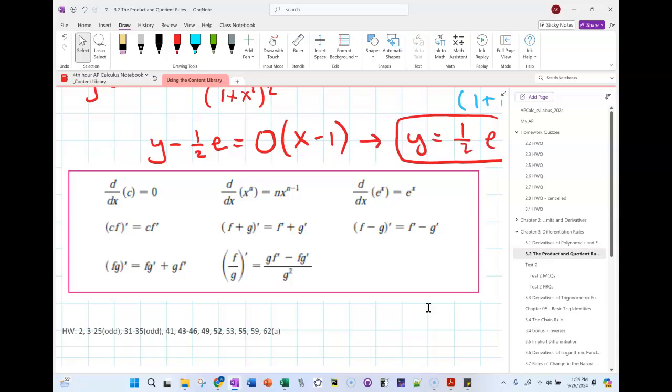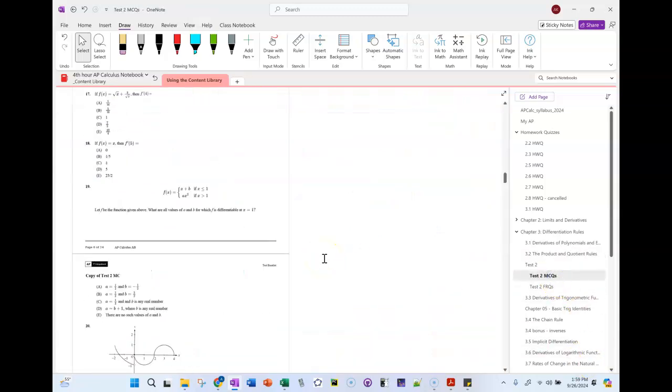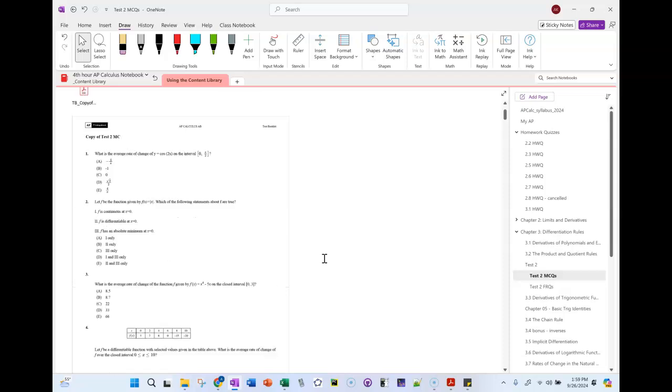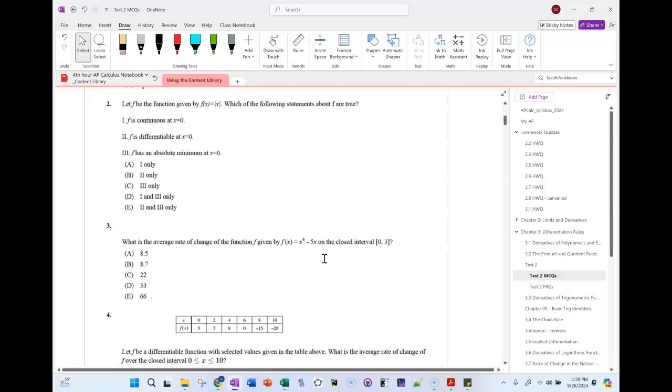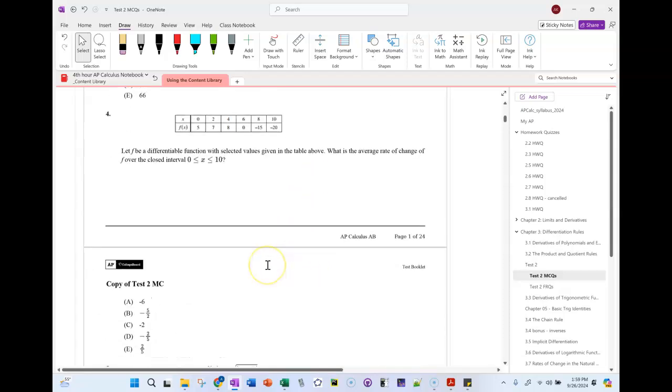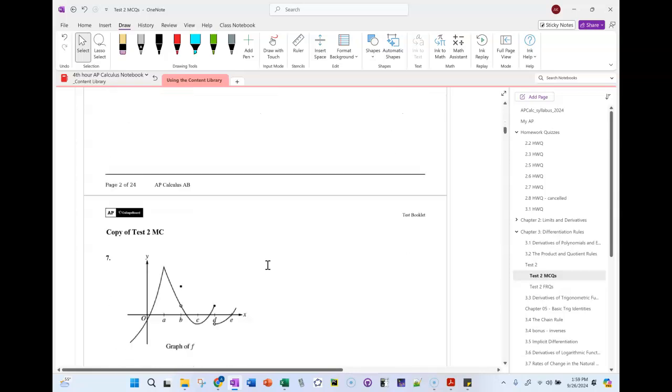Finn? You mean the definition of a derivative? Yeah. So we'll see. The most common place something like that would come up, let me see if I have a good example here in the multiple choice.